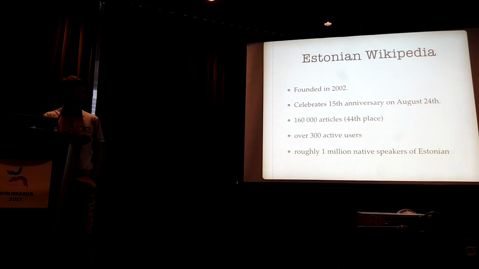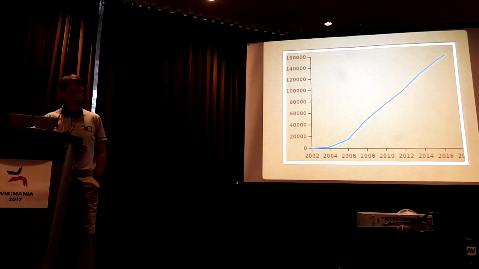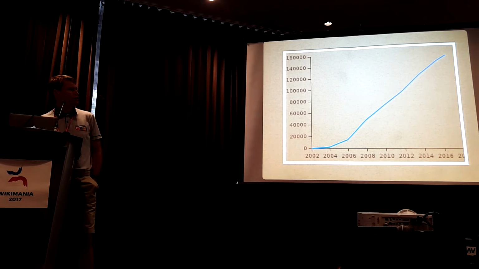How to do it? We have only 1 million native speakers of Estonian, so it's quite a small nation. And if we look at the growth of Estonian Wikipedia, we see it is quite steady through the years.